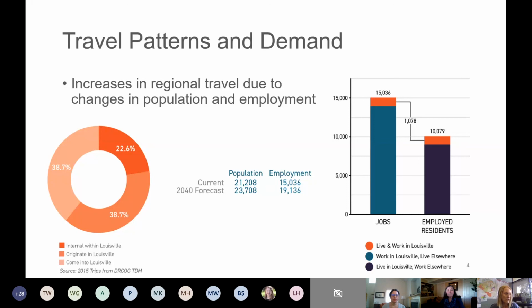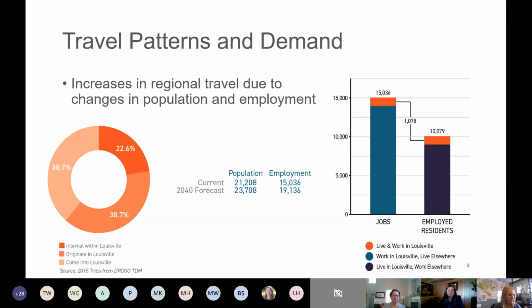So a lot of what we did initially is some extensive data collection and analysis, looking at the current conditions within the city and also at regional trends and local trends here in the City of Louisville. And most of you, I think, are probably familiar with the City of Louisville.